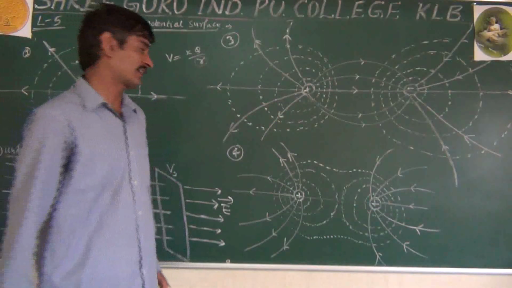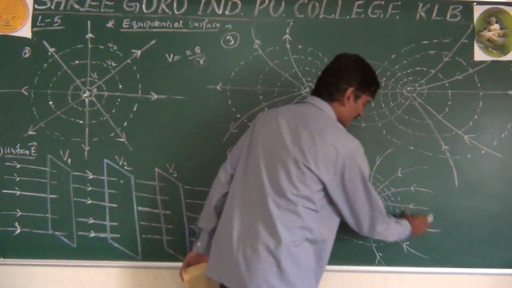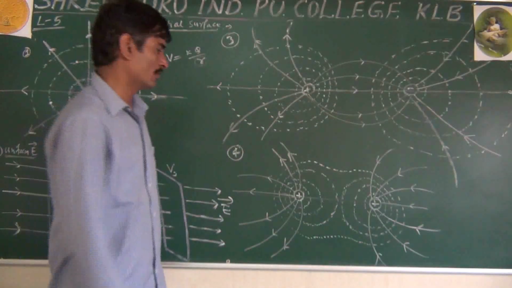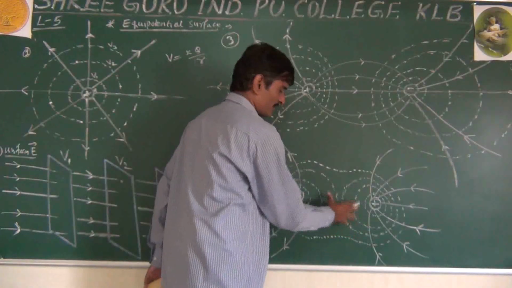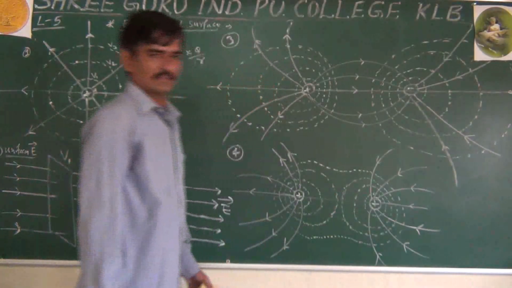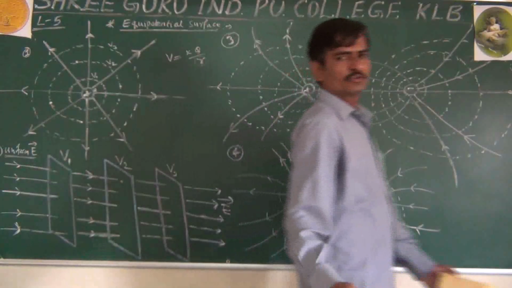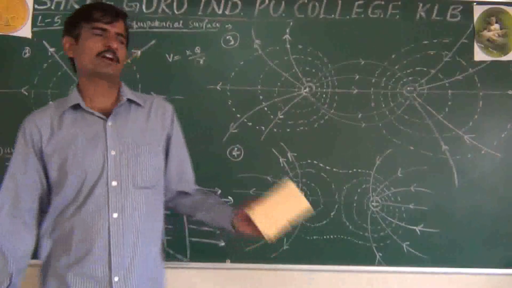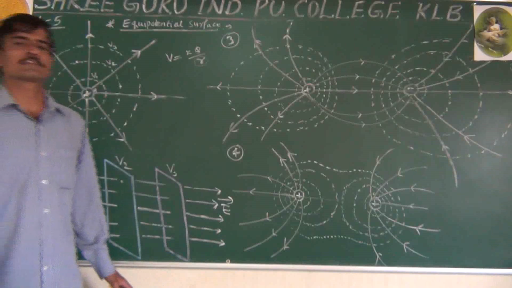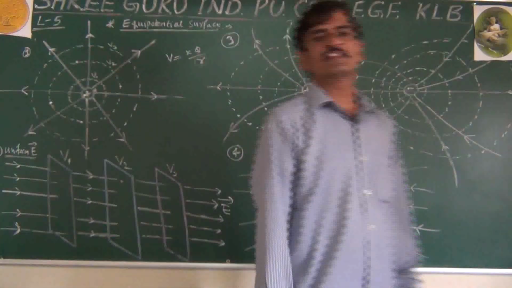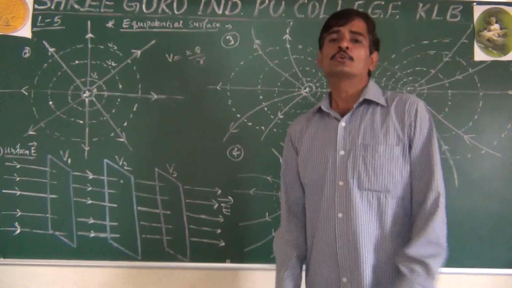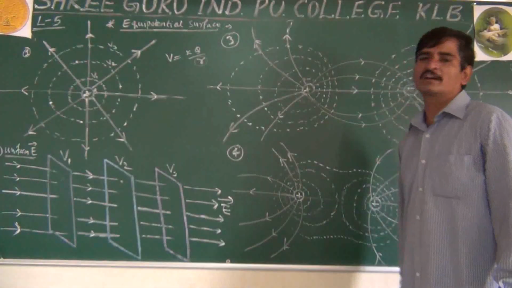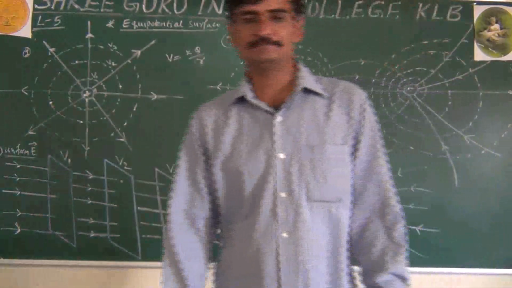The magnitude of the electric field is less here, and here the magnitude of the electric field is more. So the main point of drawing equipotential surfaces is that they can be used to indicate the direction and magnitude of the electric field intensity.